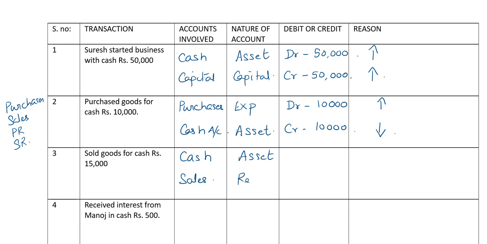Sales account is revenue account. There's an increase in asset and there is an increase in revenue also, sales. So cash account will be debited with 15,000 rupees and sales account will be credited with 15,000 rupees.